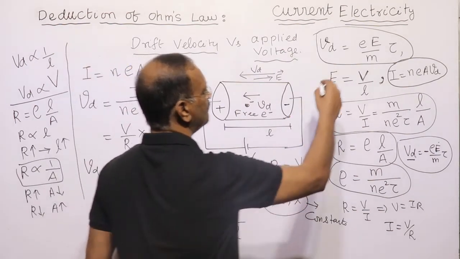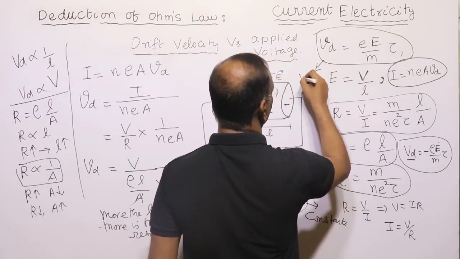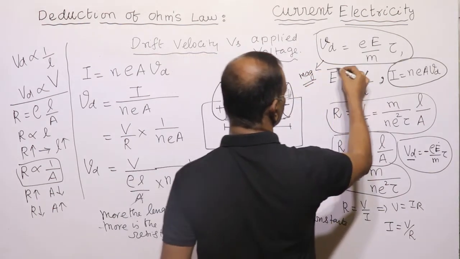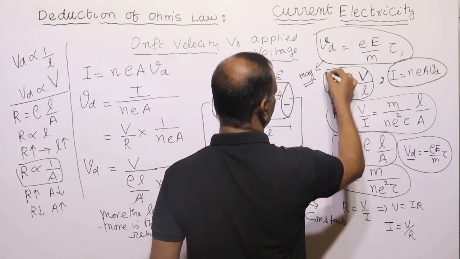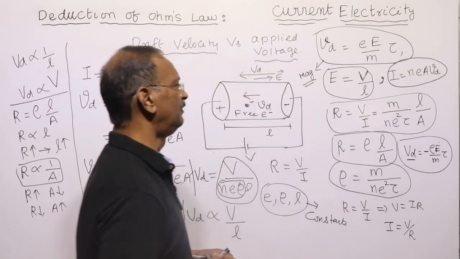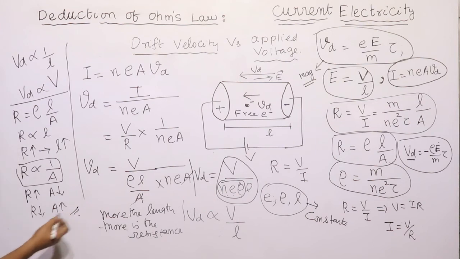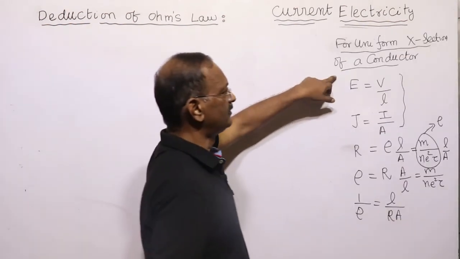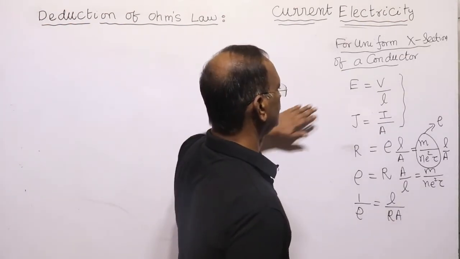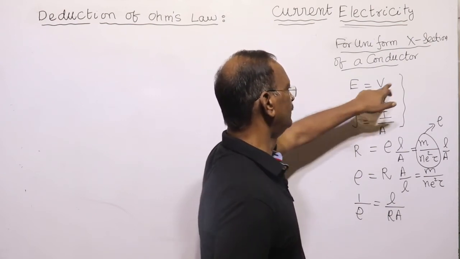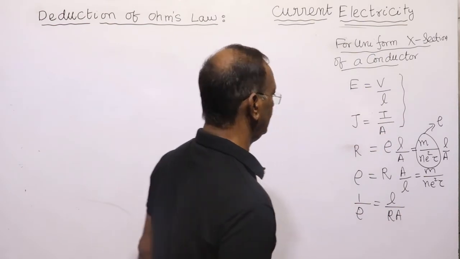We take the magnitude of the drift velocity. And this is also the magnitude of the electric field, which is equal to applied potential divided by the length of the conductor. For a uniform cross section of a conductor, the applied electric field is equal to applied potential divided by the length.